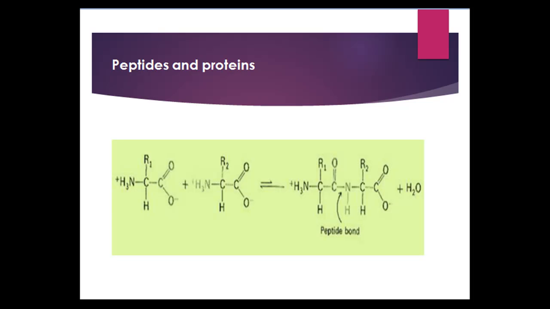The head-to-tail arrangement of amino acids in a protein means that there is an amino group on one end, which we call the amino terminus or N-terminus, and a carboxyl group on the other end, which is called the carboxyl terminus or C-terminus.